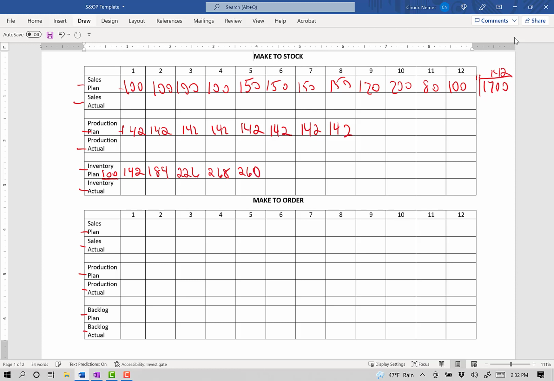We'll be down to 260. And then in period 6, 7, and 8, we'll drop by another 8 pieces each period. So we'll be down to 252, 244, 236.